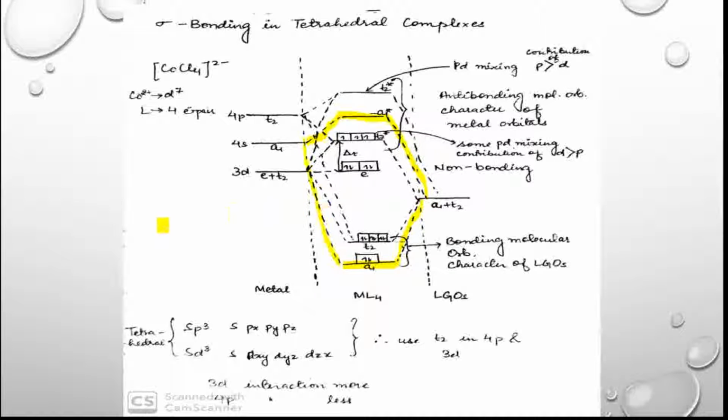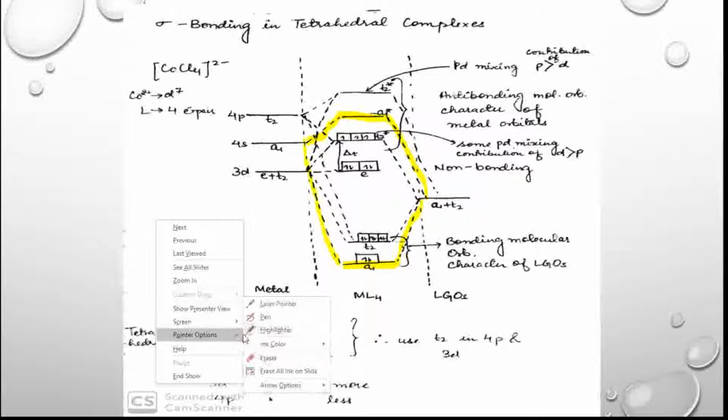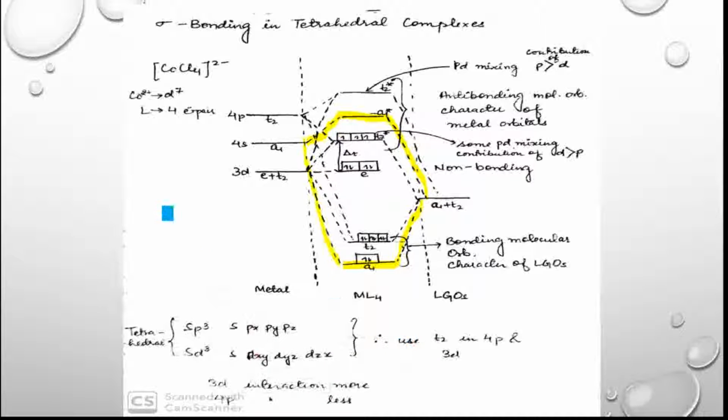And then you have this T2 symmetry, right? Whenever you have that, T2 symmetry is there in the d orbitals, so it can overlap here in that direction.